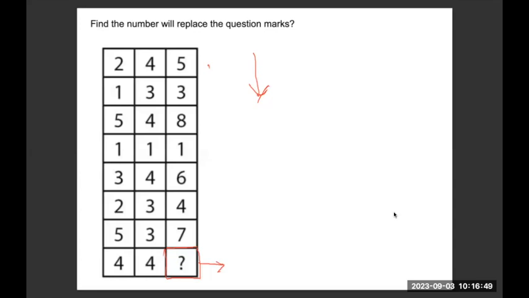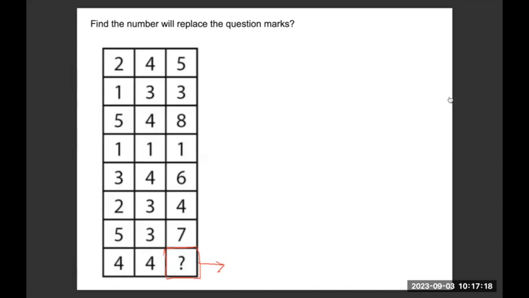Yeshar, Naishi, wrong answer. Manya, Rudraksh, correct answer.